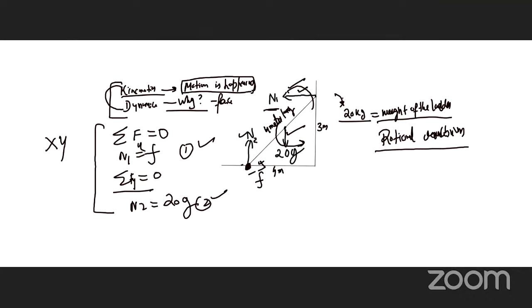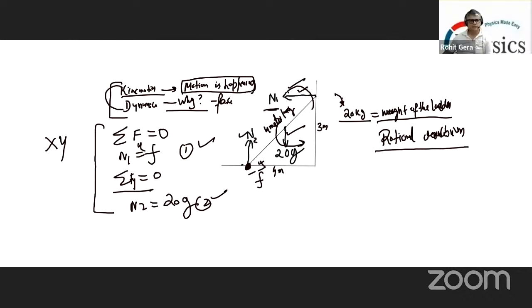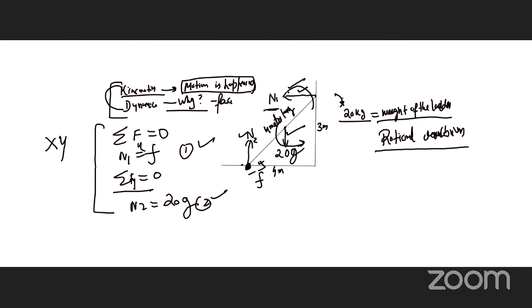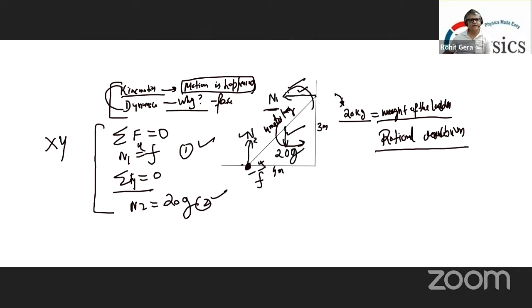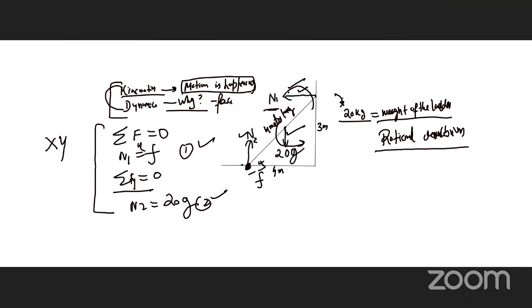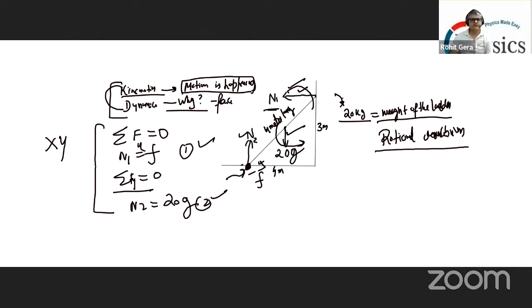N1 और 20g. N1 is 20g? How so? नहीं मैं बोल रहा हूँ N1 और 20g. Or means you are going to take the torque about this point. What is the perpendicular distance of N1 from this point? 3 meters.